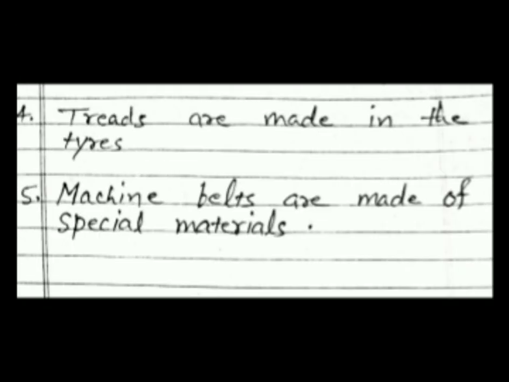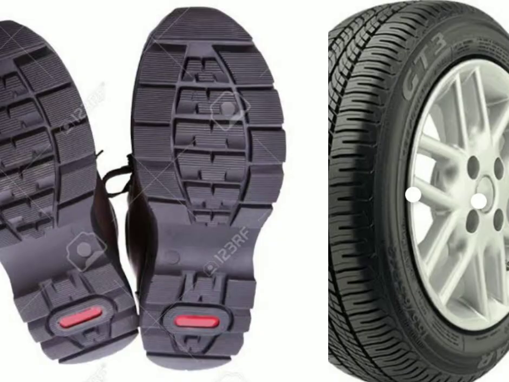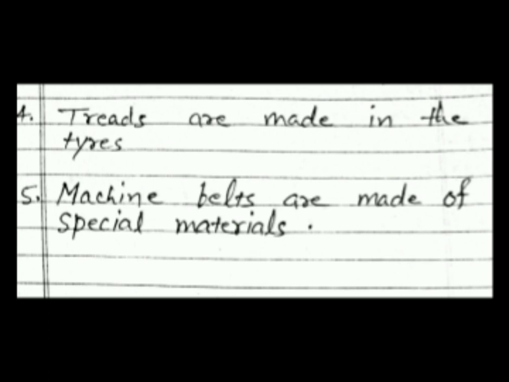Let us see the next. That is, treads are made in the tires. These treads are similar patterns to what we have discussed about your shoes. And in the next example, you can see machine belts are made of special materials.